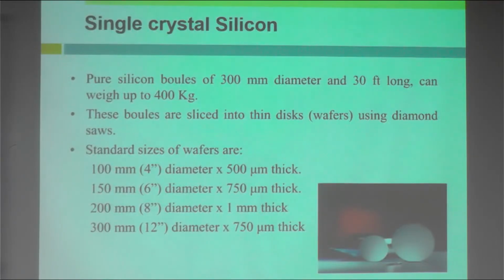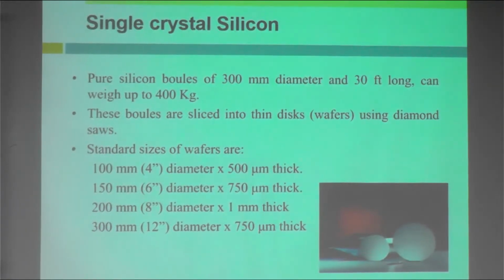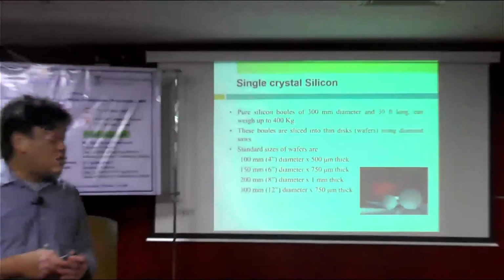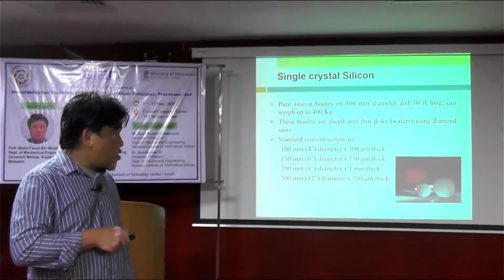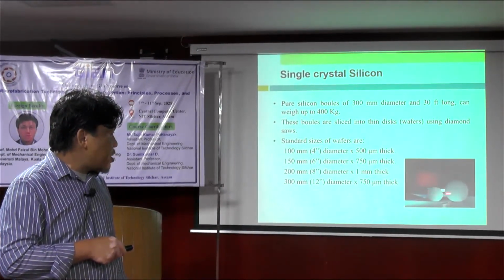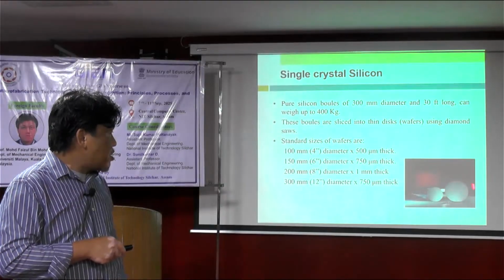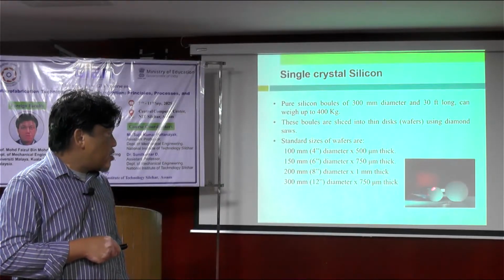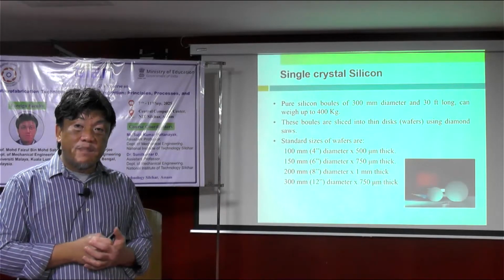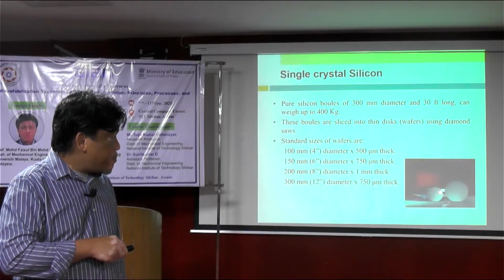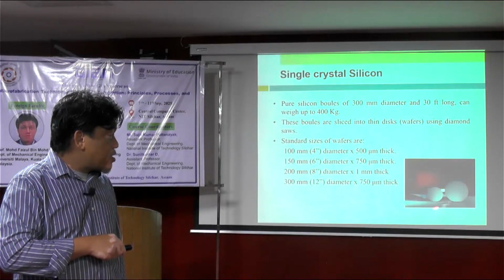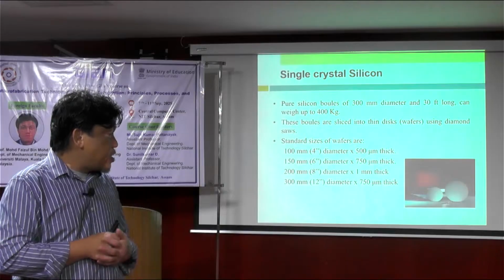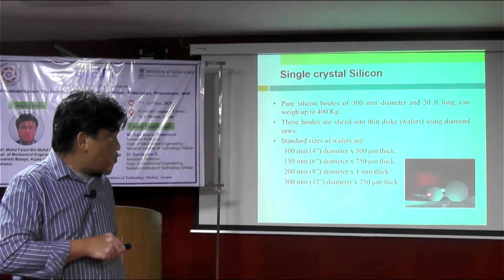Because in IC design, we are aware that it's batch processing. So let's say this is a small dimension, 4 inch perhaps, and this might be 8 inch. With the 4 inch, in one pass of the process, you can maybe put, let's say, 10 chips.